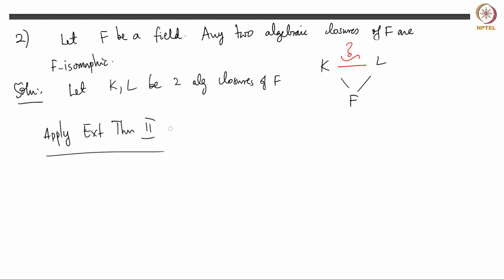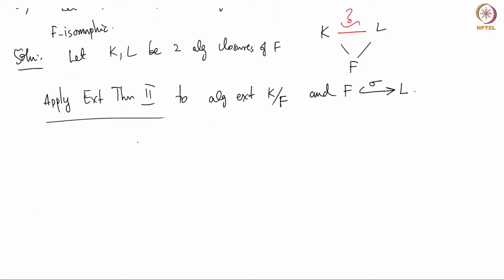So basically apply this to the algebraic extension K over F and the inclusion of F in L. So this is sigma. Remember, this is the inclusion map, so it's not an arbitrary map, it's actually an inclusion of F in L. F sits inside L as a subfield.